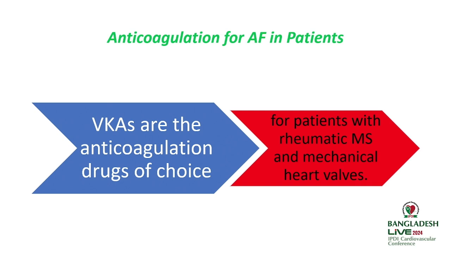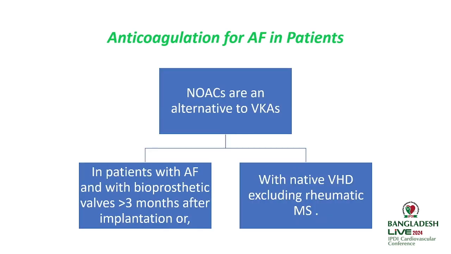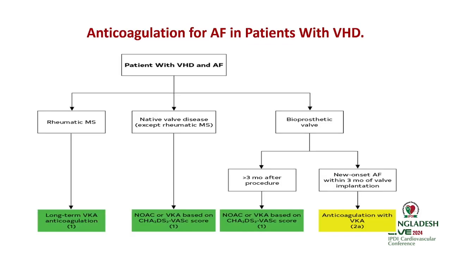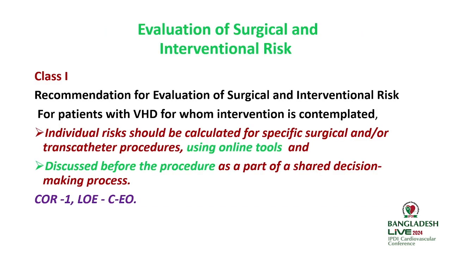The vitamin K antagonists are the anticoagulation drugs of choice in patients with rheumatic mitral stenosis and mechanical heart valves, whereas the novel oral anticoagulants are the alternatives to the VKAs in patients with bioprosthetic valves more than 3 months after implantation or native valvular heart disease excluding rheumatic mitral stenosis. There is the recommendation for the drugs for atrial fibrillation, and the flow sheet also shows the treatment plan of atrial fibrillation.